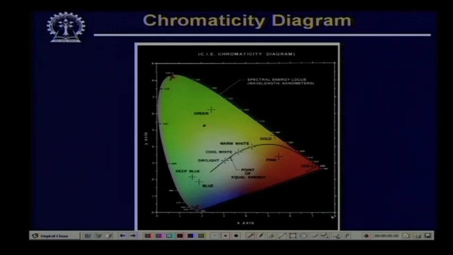So, here you find the horizontal axis tells the red component, the vertical axis gives us the green component and the blue component. So, if I write this as x and this as y, then the green component z is given by 1 minus x plus y.